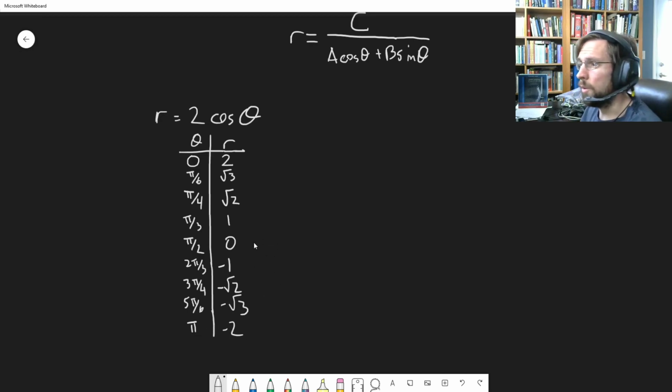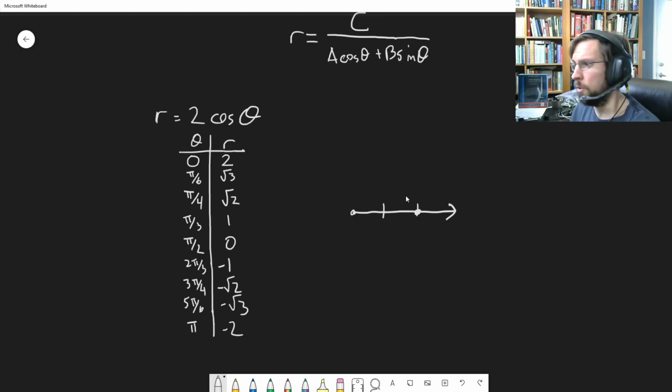Okay, I don't need to go any further, and we'll see why this is when we draw our picture. So we're starting off at the point 2, 0. So r is 2. Theta is 0, so that's at this point right here. Next we have theta equals pi over 6, r equals root 3.